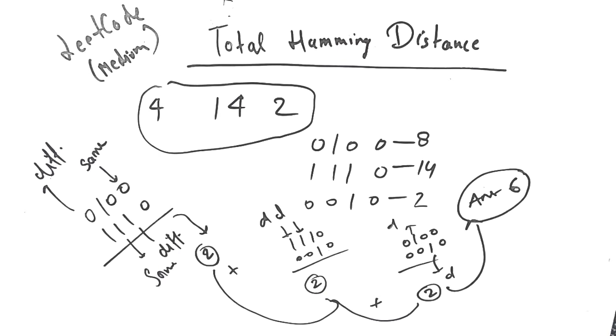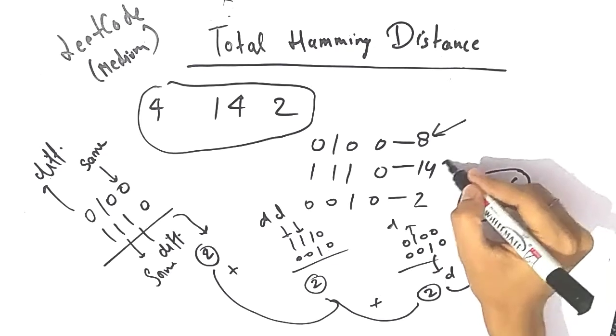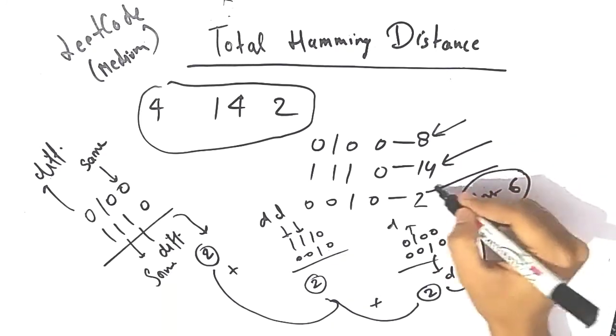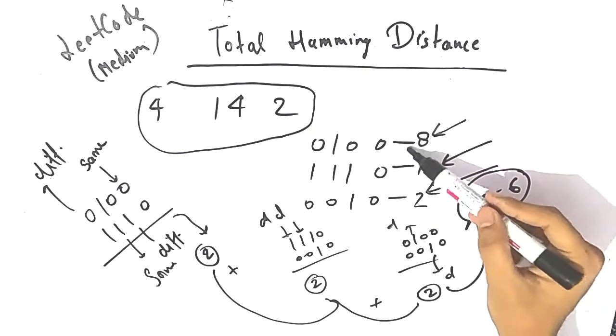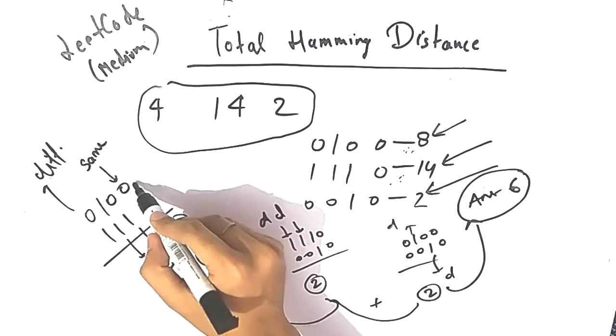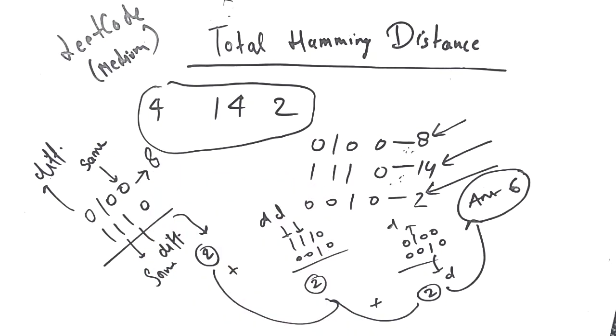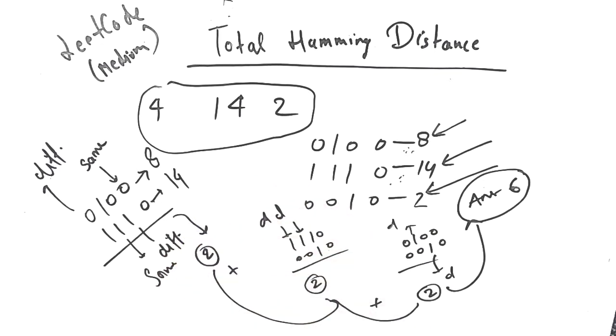the pair. So the binary representation of 4 is this, 14 is this, and 2 is this. So let's find out the Hamming distance between the 4 and 14. So as you can see, the binary representation of 4 is this and 14 is this. So the Hamming distance is what?